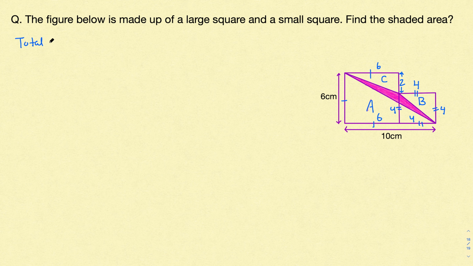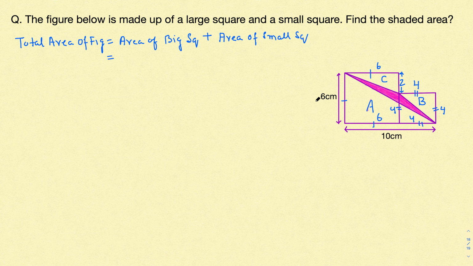Total area of figure should be equal to area of big square plus area of small square. Let's write SQ to say it's a square.